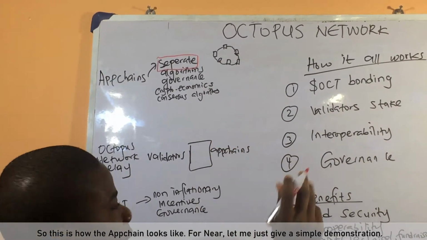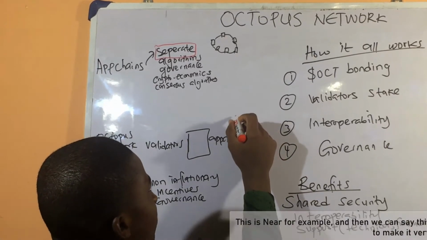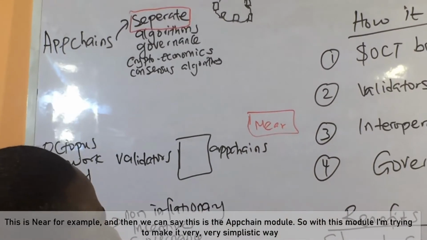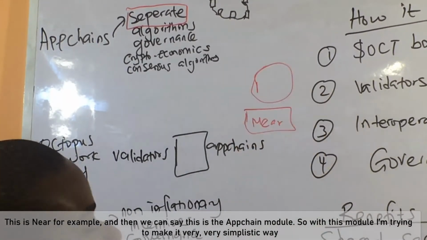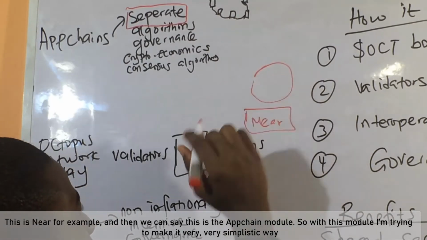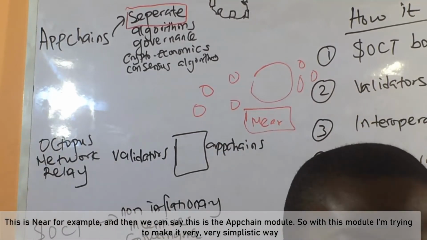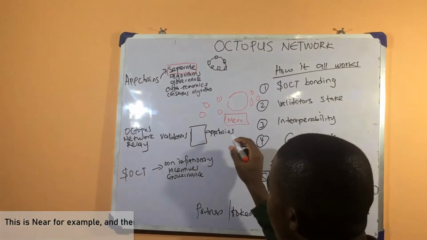For NEAR, let me give a very simple illustration. So this is NEAR, for example, and this is the Appchain module. I'm trying to make it in the most simplistic way.